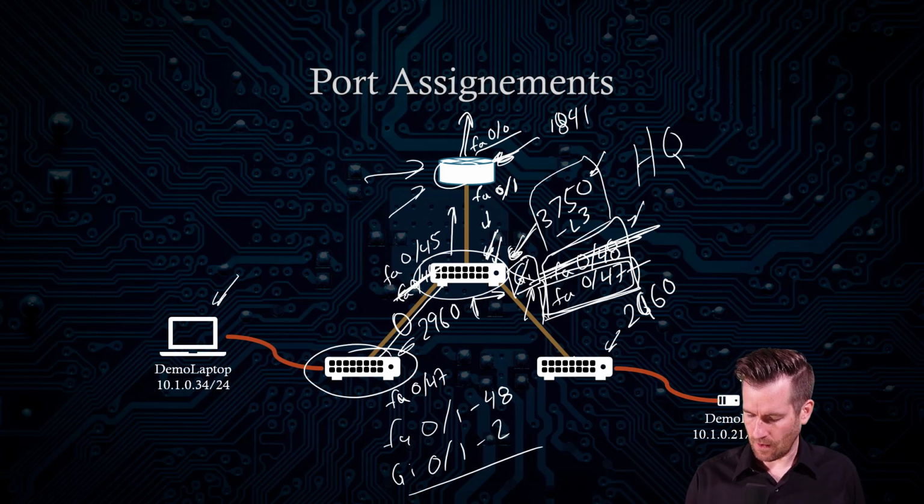And then same thing with this device right here. I'm going to plug this into the next available one, which would be FA0/44, or I'm going to make 43 and 44 the same. So I'm going to plug this into FA0/43 on this side, and on this side, FA0/44, or excuse me, not 44.